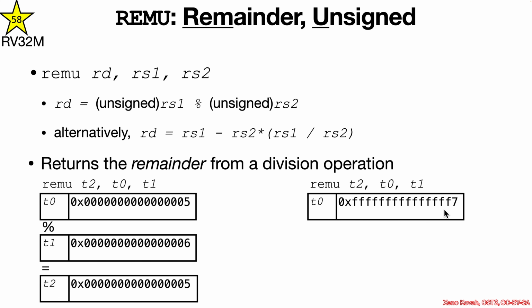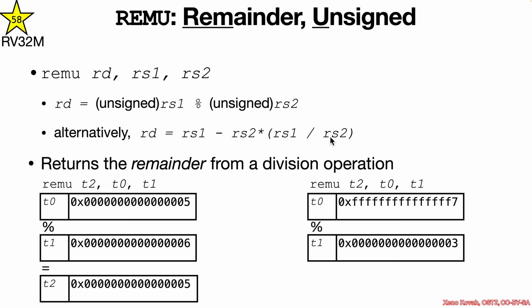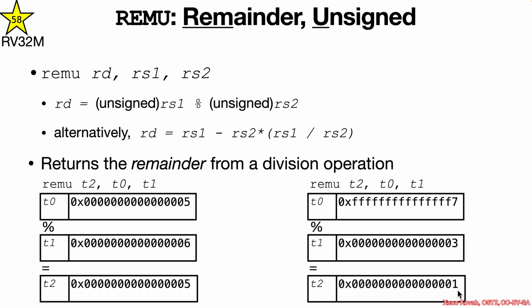Also, again, we had all f's ending in 7, and before, the result of that division, all f's ending in 7 divided by 3, gave us all 5's ending in 2, but basically I said all 5's ending in 2 times the 3 would probably give us all f's ending in 6, so this would be rs1 of all f's ending in 7 minus all f's ending in 6, and that gives us a remainder of 1.